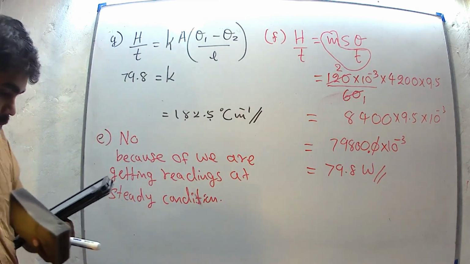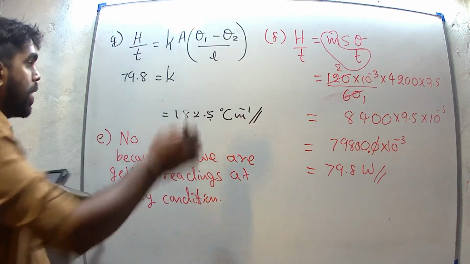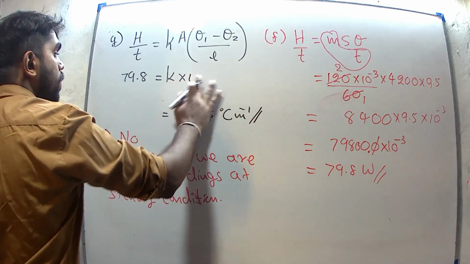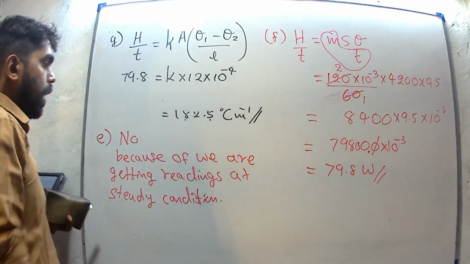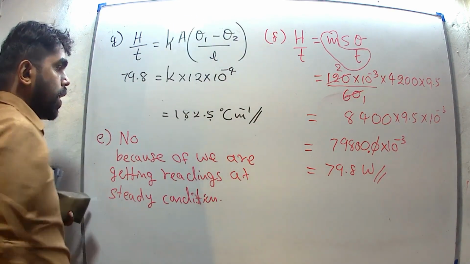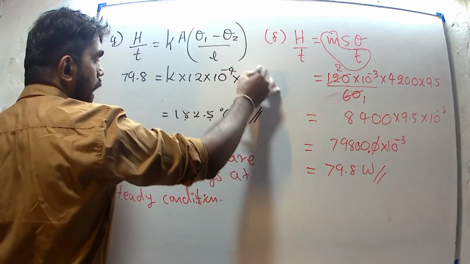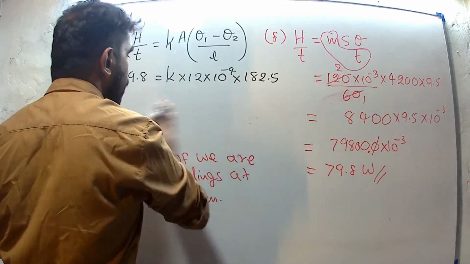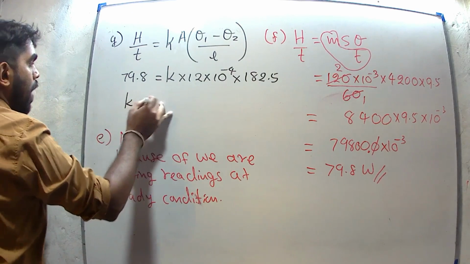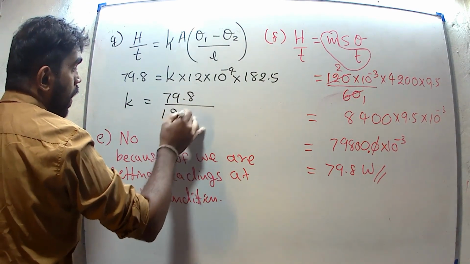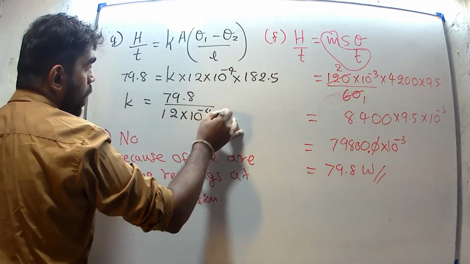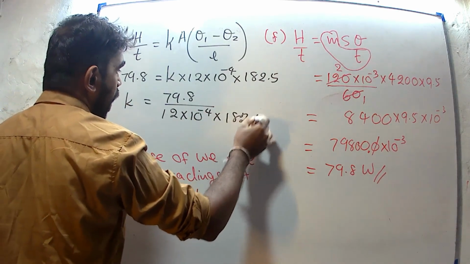Cross-sectional area 12 square centimeters, that is 12 into 10 to the power minus 4 square meters. This is the temperature gradient. It is found as 182.5. Then we can find the K value: 79.8 divided by 12 into 10 to the power minus 4 into 182.5.